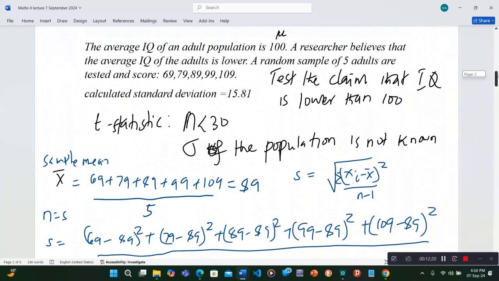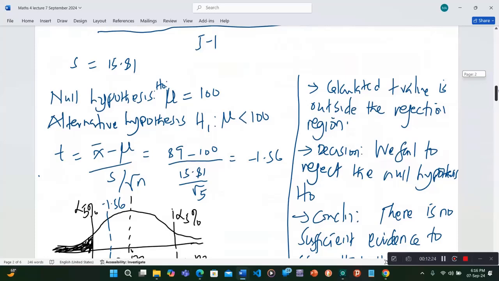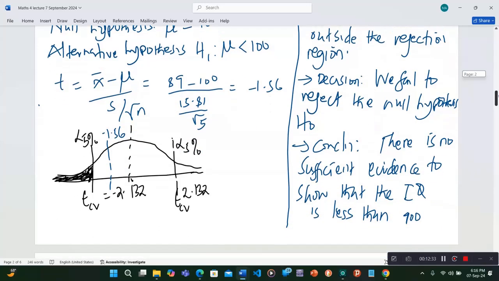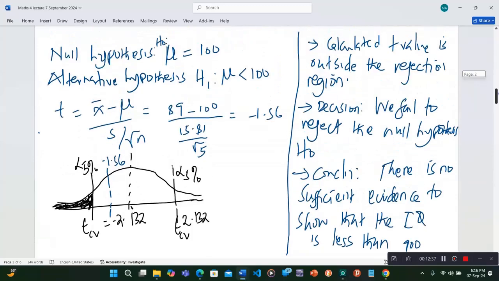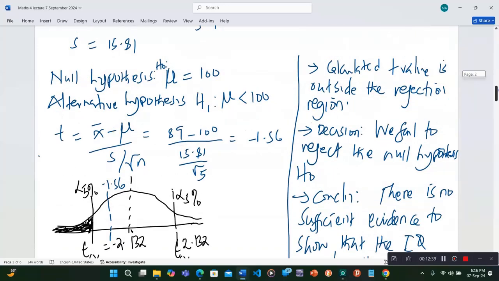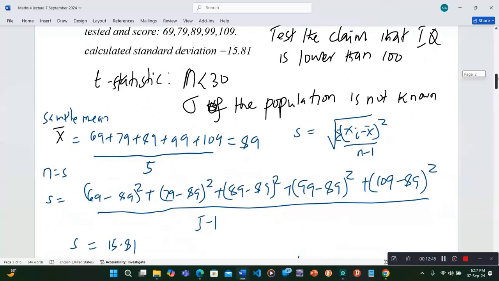And the null hypothesis was saying that the mean is about what? The mean is about 100. So we shall say that actually the mean IQ of the adults from this area is around 100. It is not less than 100.